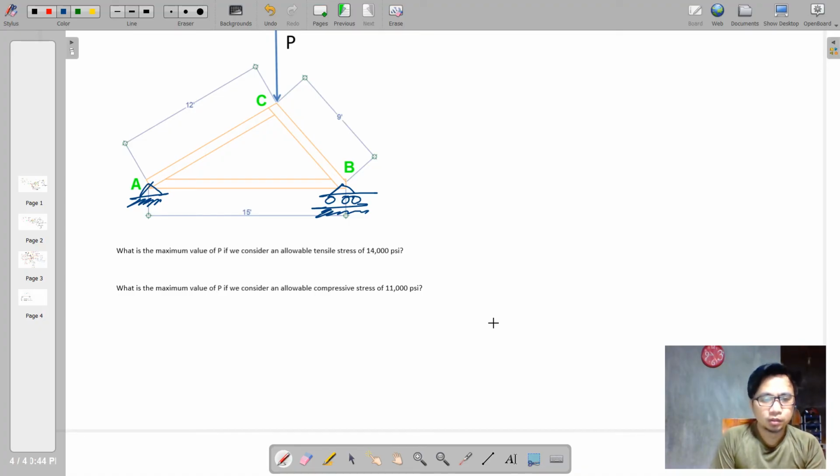So what is the maximum value of P if we consider an allowable tensile stress of 14,000 psi, and an allowable compressive stress of 11,000 psi.